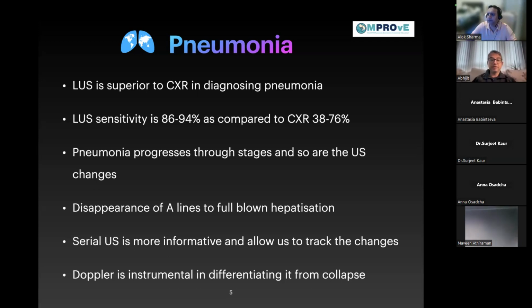That is not pneumonia. That's just plain simple collapse, because you're not being able to aerate it. And there's no way of telling the difference in lung ultrasound unless you interrogate that area with the Doppler. We'll see how that helps.